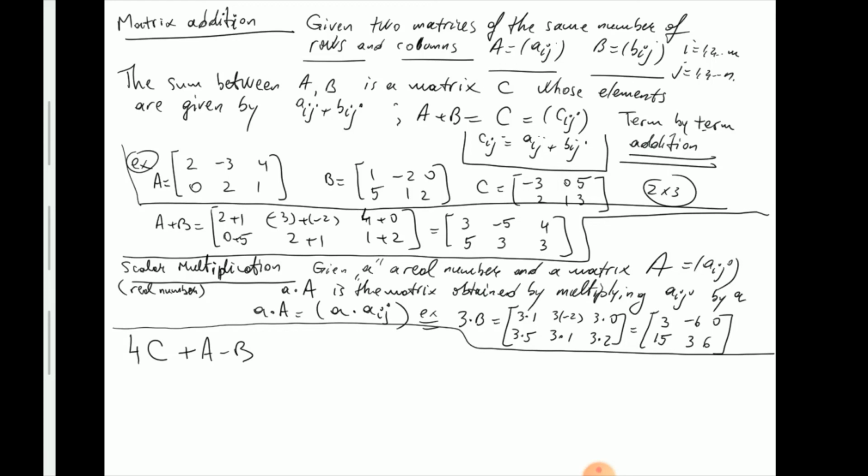Well, obviously you will multiply C by 4 and you will recognize that as scalar multiplication. Then you can do this together and then you combine into another addition. By the way, I didn't mention this subtraction thing, but subtraction is just like real numbers. You multiply B by -1 and then add.